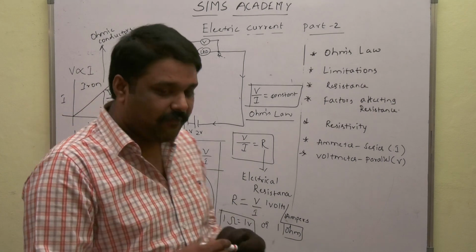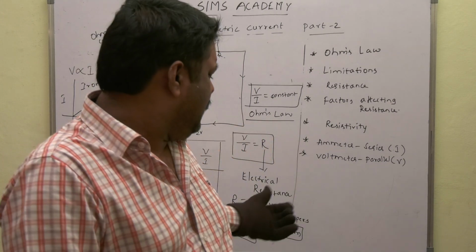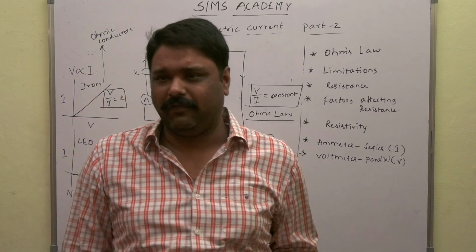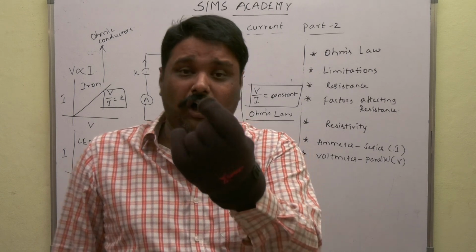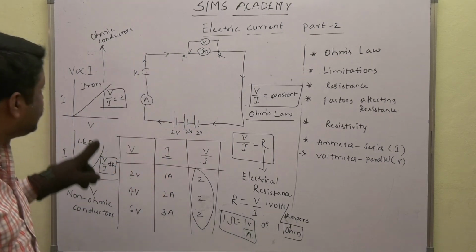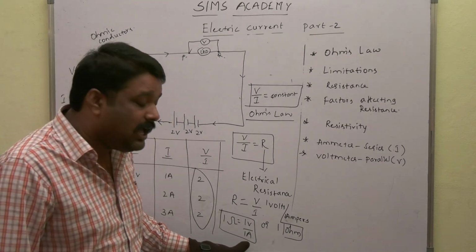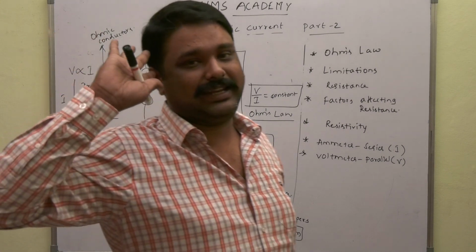Now, how do I define ohm? Electric resistance is said to be 1 ohm if 1 volt of potential difference causes a current of 1 ampere in the circuit.